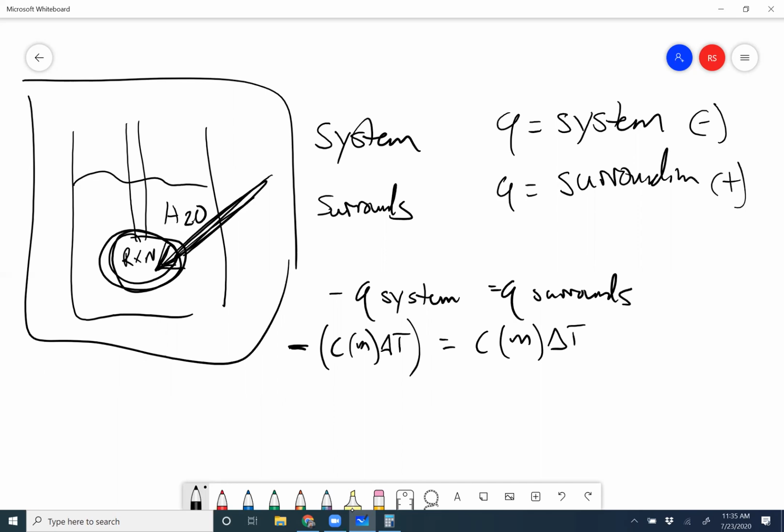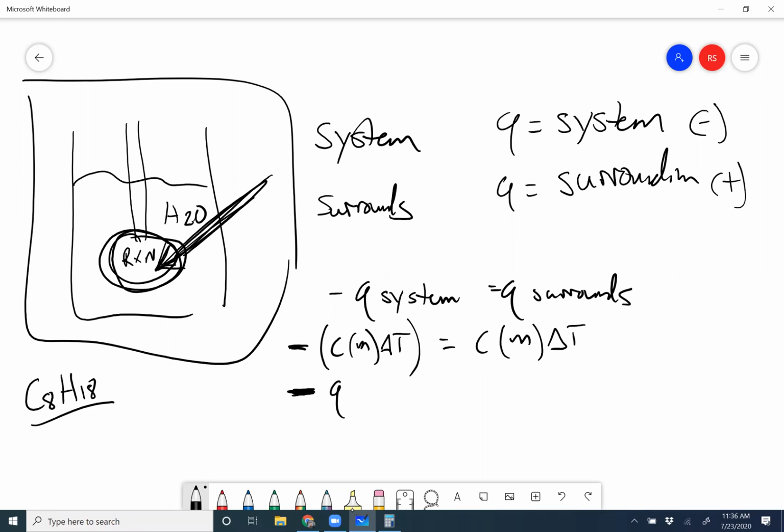So say we know that the system is an exothermic reaction. Say we put some octane in there. What is octane? C8H18. And we burn the octane inside of our water system. We want to know how much energy, what is the Q of the octane.